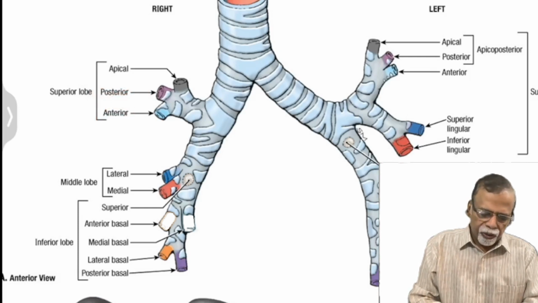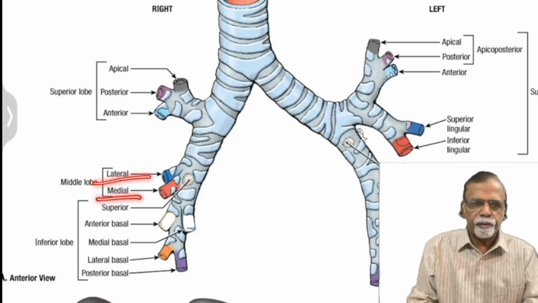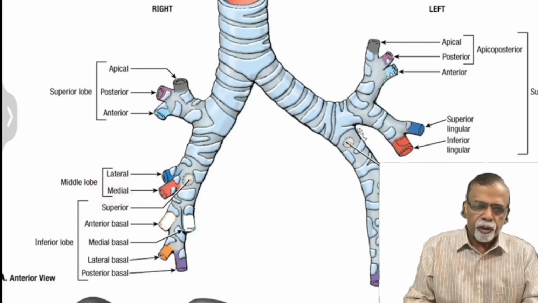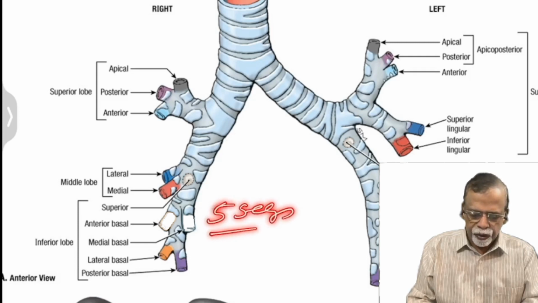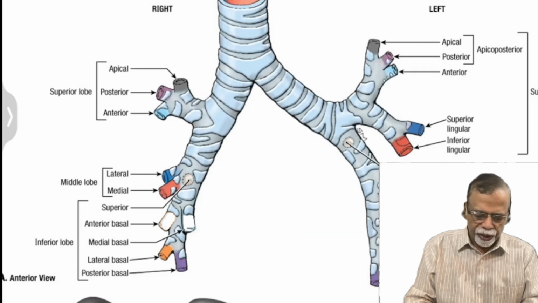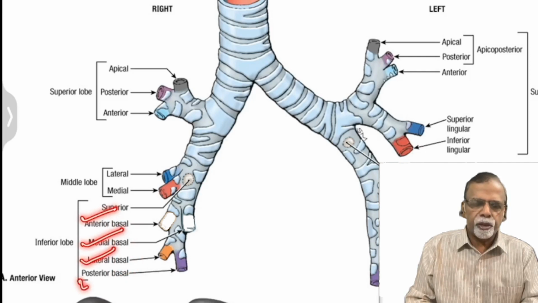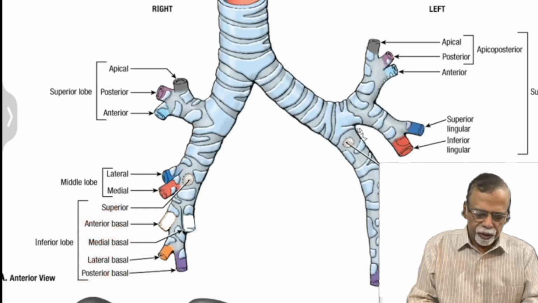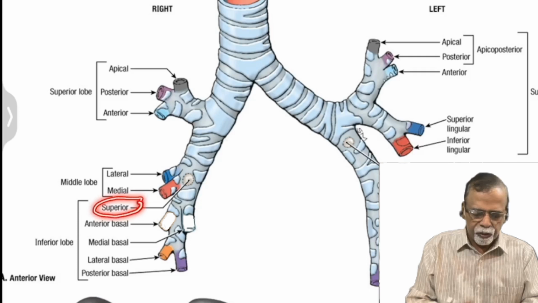In the middle lobe, we have two segments, easy to remember, lateral and medial. In the lower lobe, 5 segments are there. Basal is common for 4: anterior basal, medial basal, lateral basal, and posterior basal. And there is a superior also in addition.